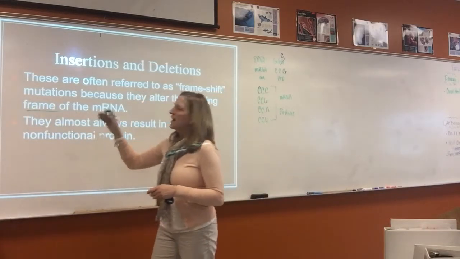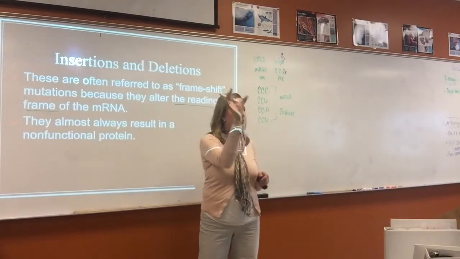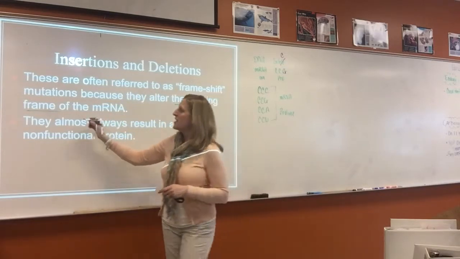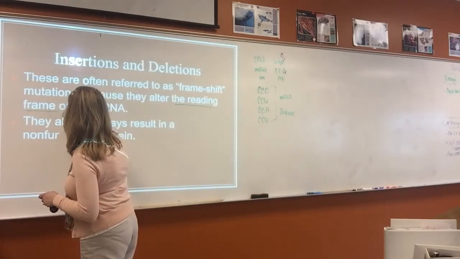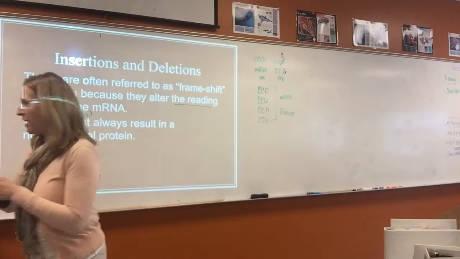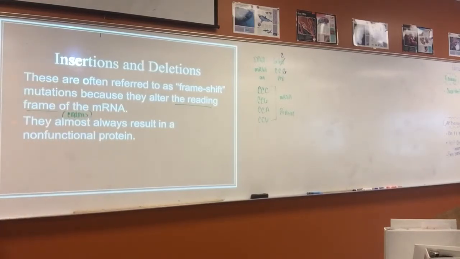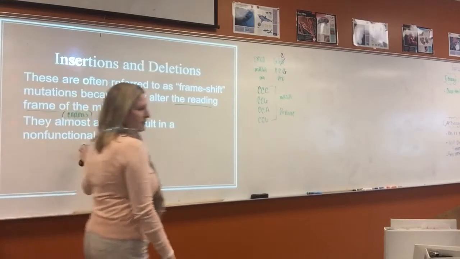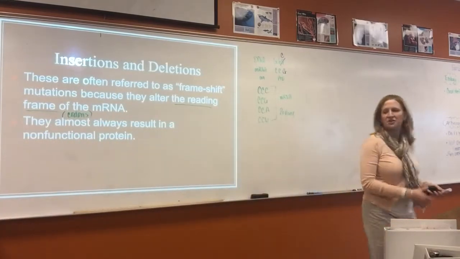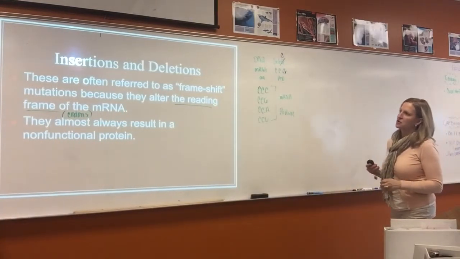When we read mRNA, we're reading in groups of 3 called codons. So the reading frame is the codons we're looking at. And remember, reading in groups of 3 is really important to get the right order of amino acids. And with these types of mutations, you basically always get a non-functional protein. Let me show you why that is.